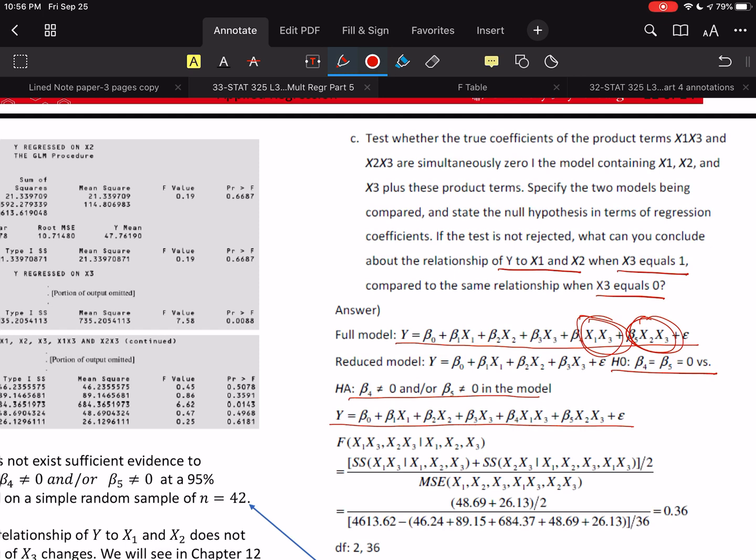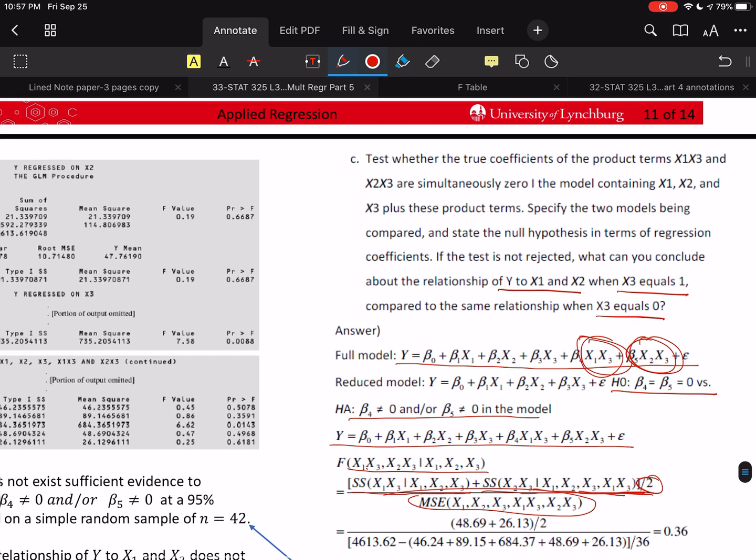So the F statistic here is given as x1x3, x2x3, given x1, x2, and x3. So we need to have SS of x1x3 given x1, x2, and x3 plus SS of x2x3 given x1, x2, x3 and x1x3. So we're using the variables added in order, type 1 sum of squares, and there's two of them, so divided by 2, divided by the MSE with all of them in there.